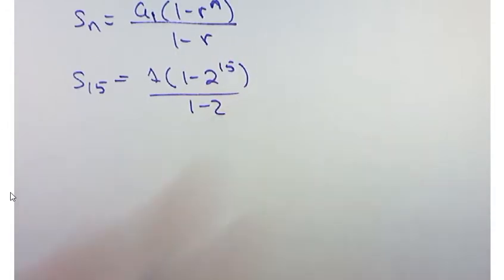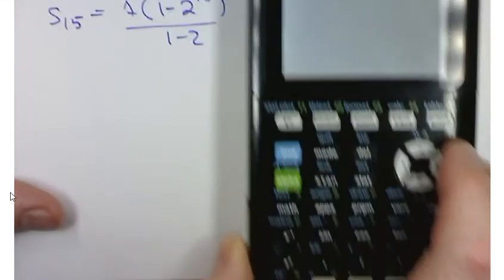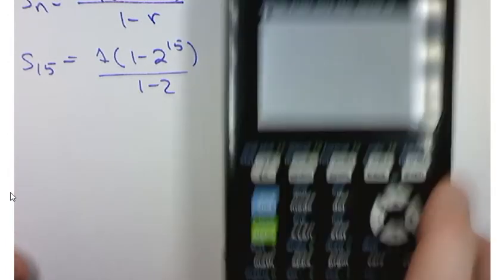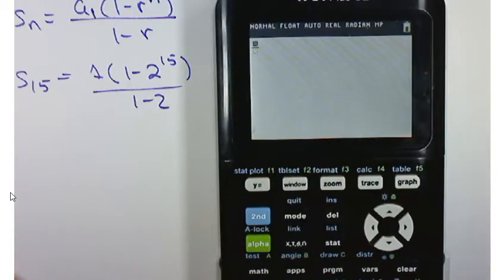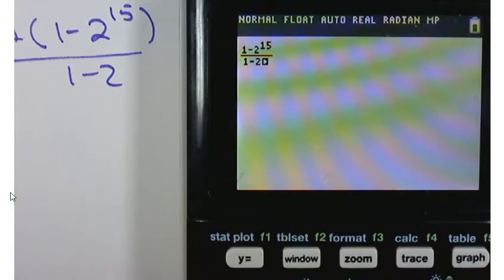Now, a lot of these you can simplify a little bit if you want to. I'm just going to type it in as is. So in the numerator, 1 minus 2 raised to the 15th power, and 1 minus 2 in the denominator. Look, if you want to realize that's negative 1, power to you. It's no problem at all, trying to simplify this before you write it in.